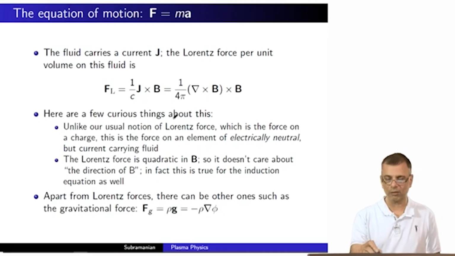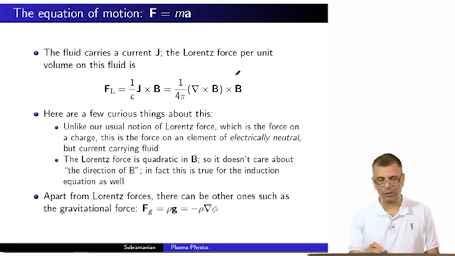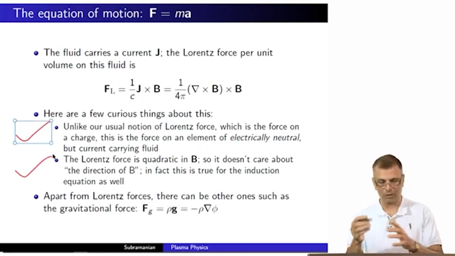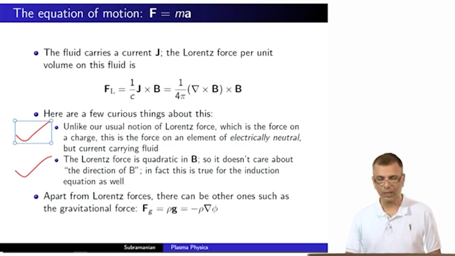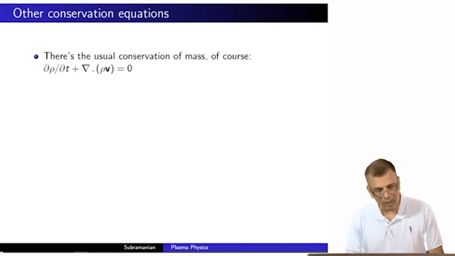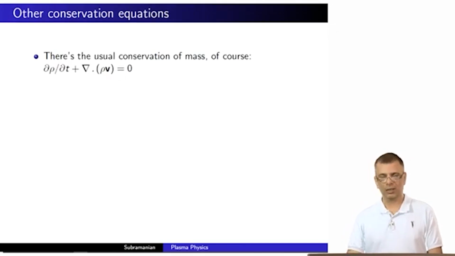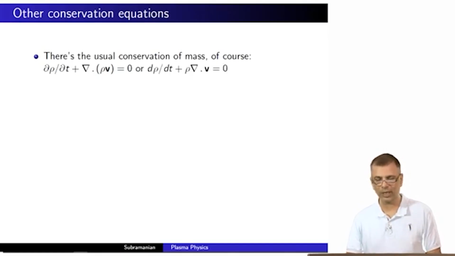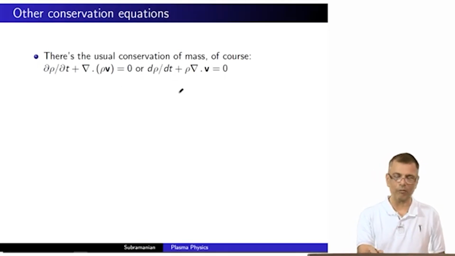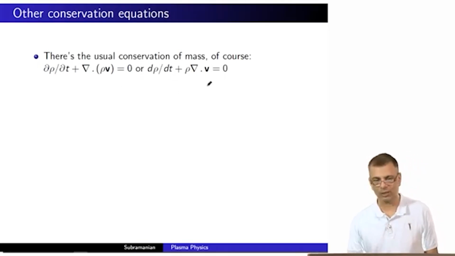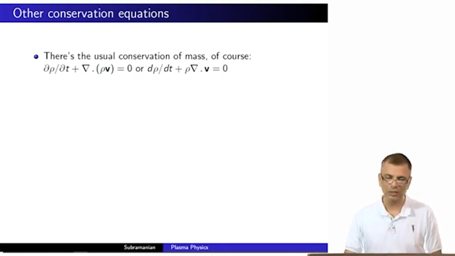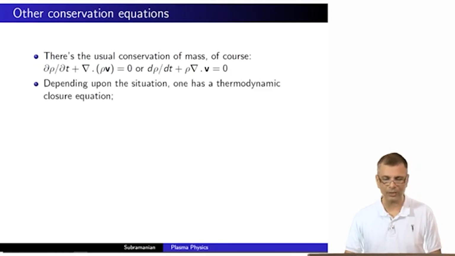The only real additional term is this, and it is important to keep these two curious points in mind about the Lorentz force. As far as other conservation equations, there is a mass conservation equation, of course, which we are very familiar with. So, we will go straight ahead. That is the Eulerian form, and this is the Lagrangian form of the mass conservation equation. We have seen this.